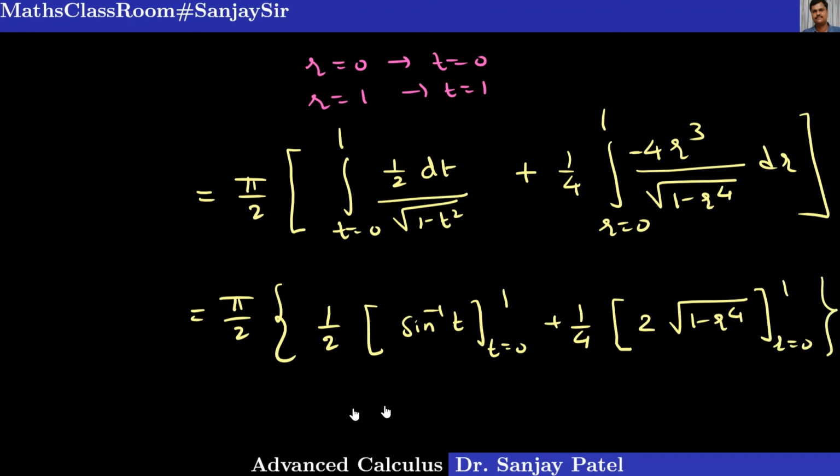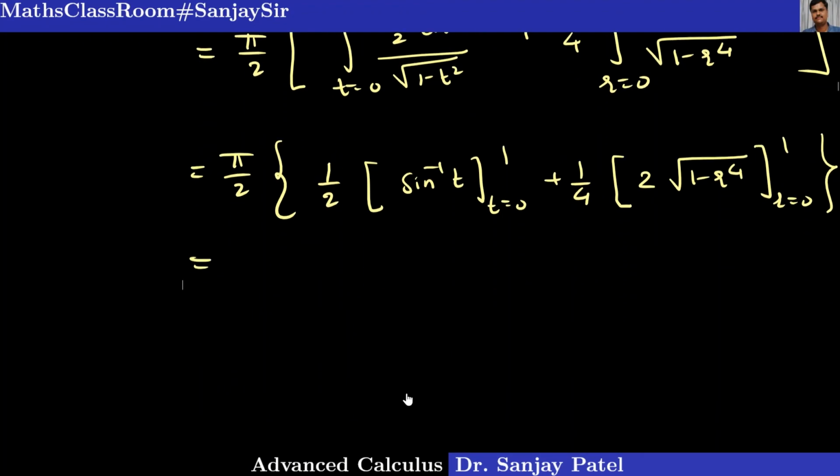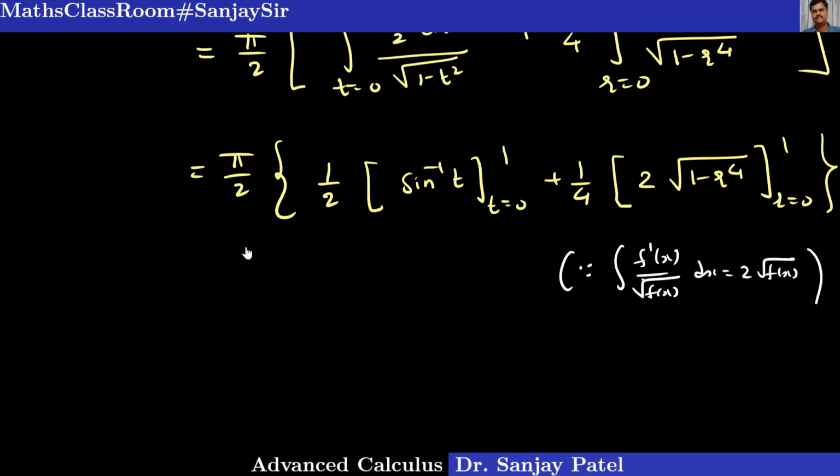Okay. So this I can write as, remember I have used this formula, integral f dash x upon root fx. Let me write just for your reference, because integral of f dash x upon root fx is equal to 2 times root fx. So you know this formula, the standard formula. So this gives us this is equal to pi by 2.